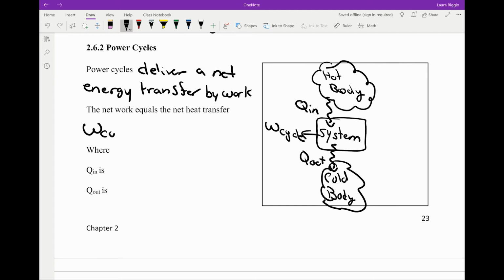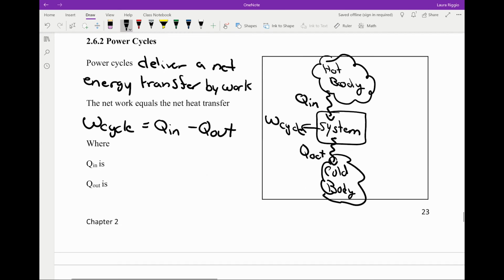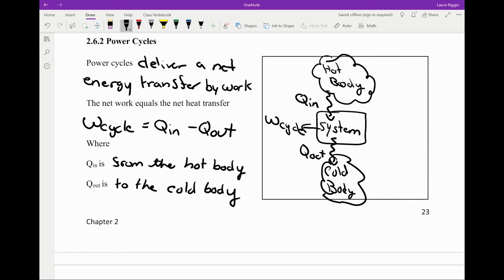So the net work of the cycle is equal to my heat in minus my heat out, where by definition Q in is from the hot body and Q out is to the cold body.